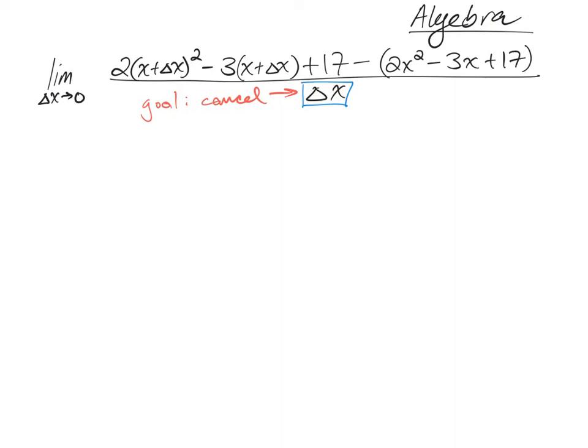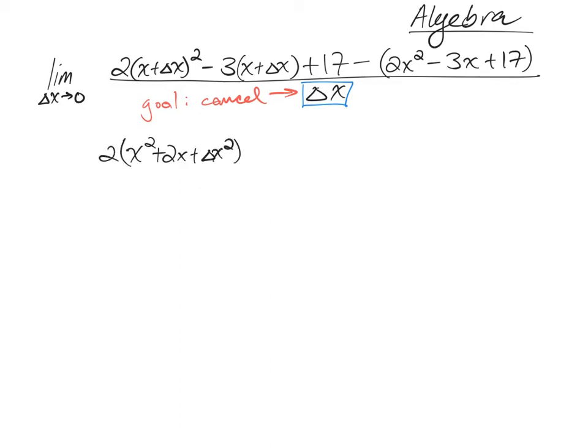It is 1 unit. So up here in the numerator, if we square this binomial, delta x is its own unit. So when you square this binomial, you will get x squared plus 2x delta x plus delta x squared.